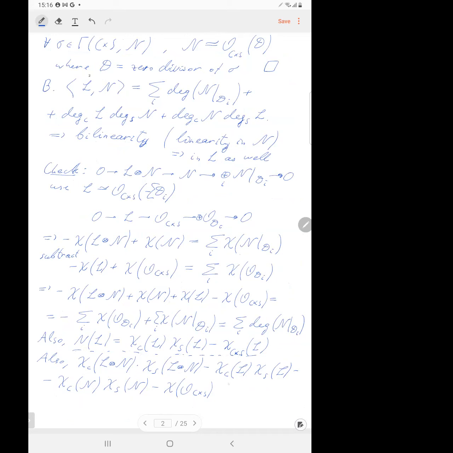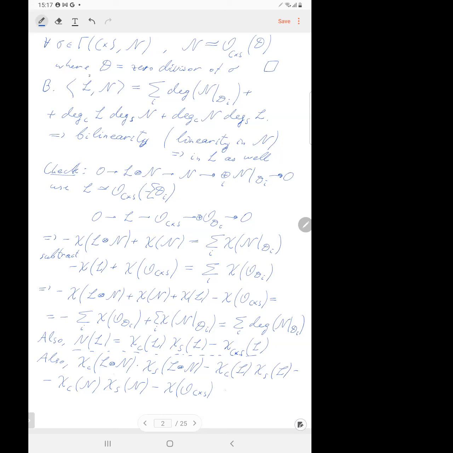And when we do this, we just need to know the degrees of these line bundles along our curves. Okay, because Euler characteristic by Riemann-Roch is expressible via the degree.